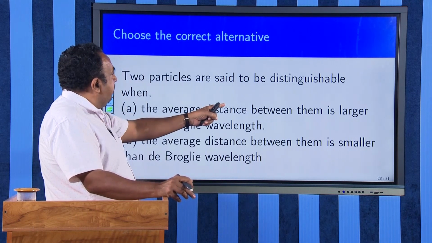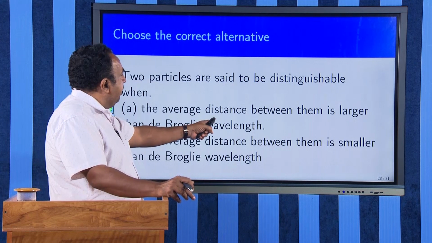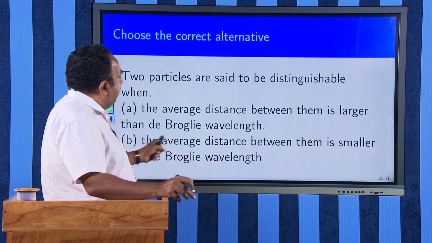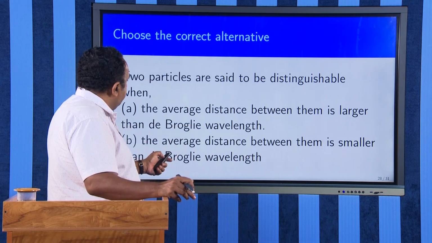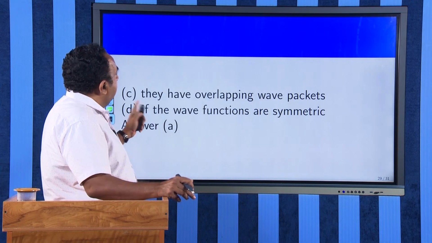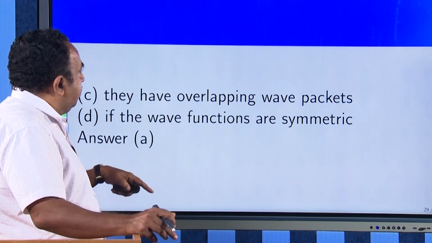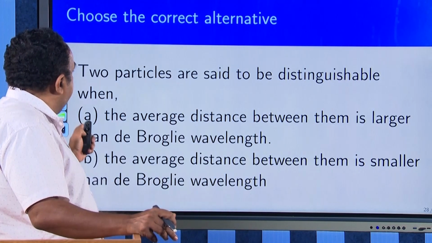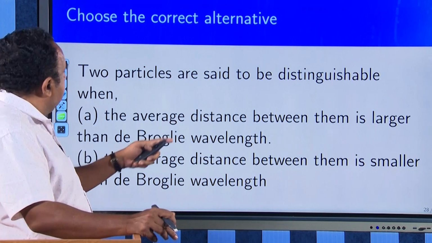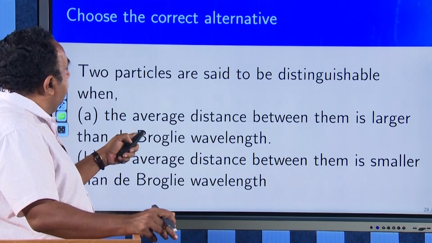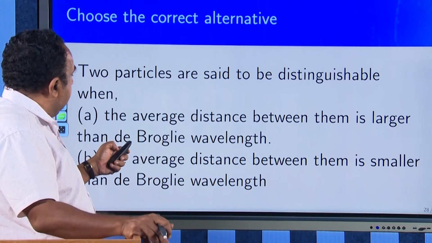The options: the average distance between them is much larger than the de Broglie thermal wavelength; or the average distance between them is smaller than the de Broglie thermal wavelength, which means overlap, that is a quantum system; or the wave functions are symmetric. The correct answer is the first one: the average distance between them is larger than the de Broglie thermal wavelength. The particles are well separated.